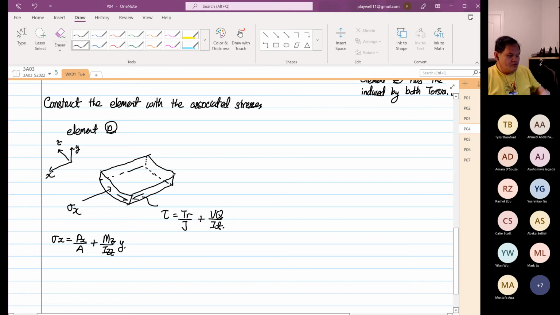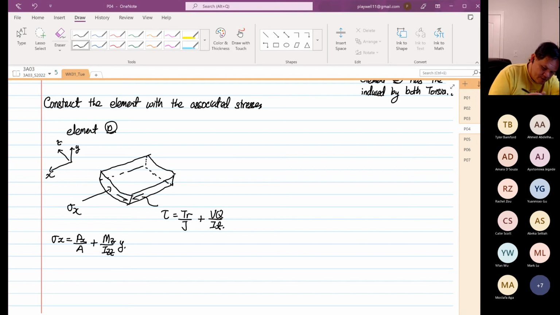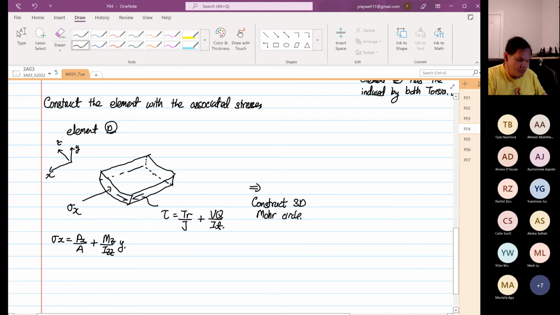Okay. So now the next thing we're going to draw is the Mohr circle. From here, we are going to construct a 3D Mohr circle.